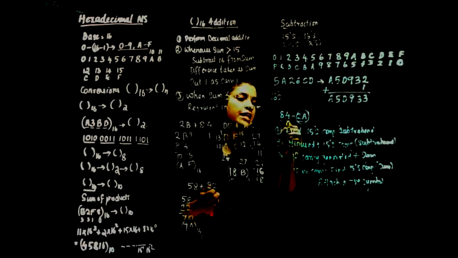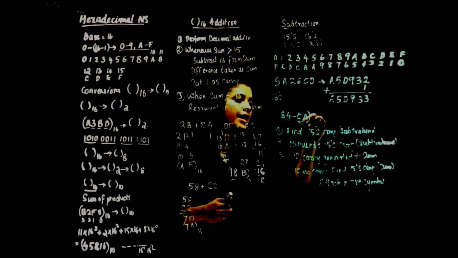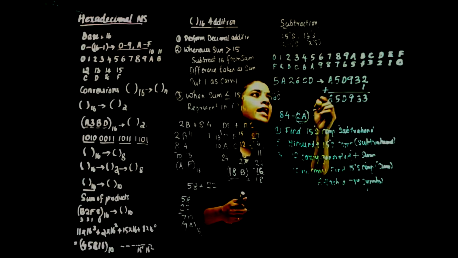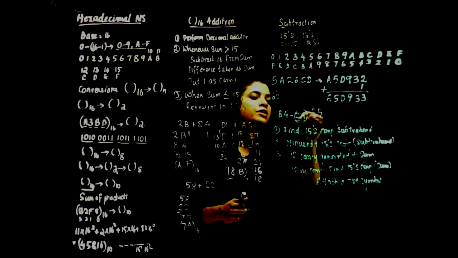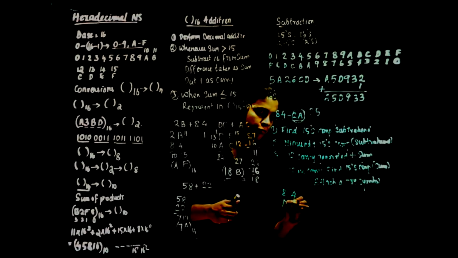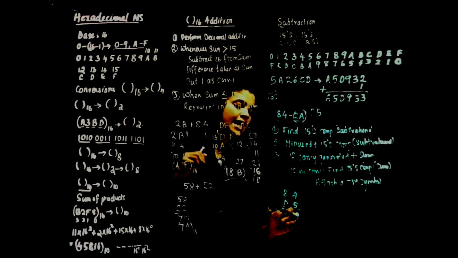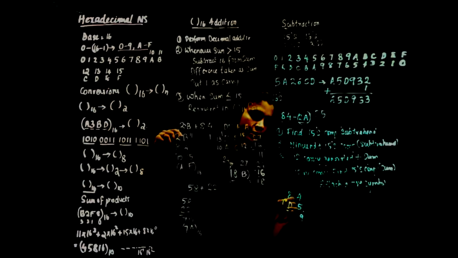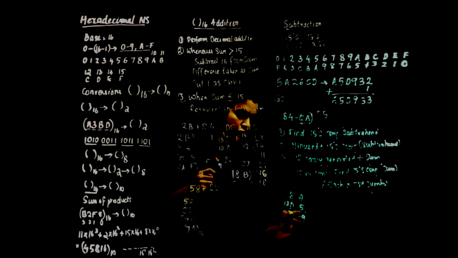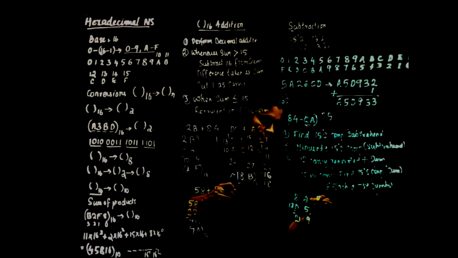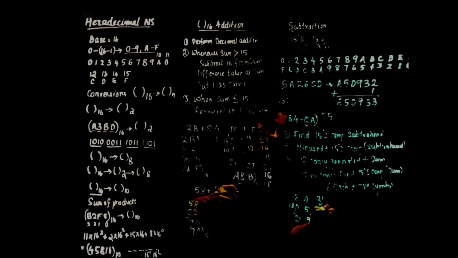Now, we are going to see 84 minus 2A. So, find the 15's complement of 2A. 2 corresponds to D and A corresponds to 5. So, 84 plus D5. This will give you 9 as such, and 8D. D corresponds to 13, so 13 plus 8 is actually 21, which is greater than 16. So, from 21 subtract 16.